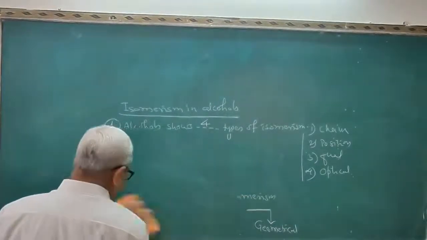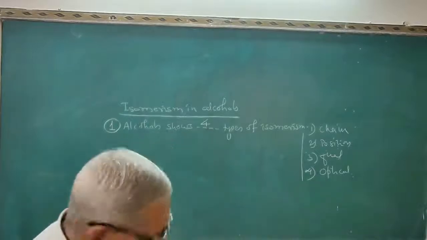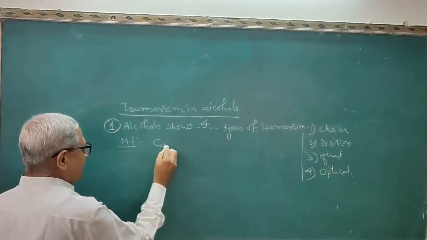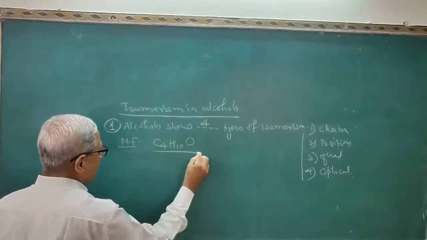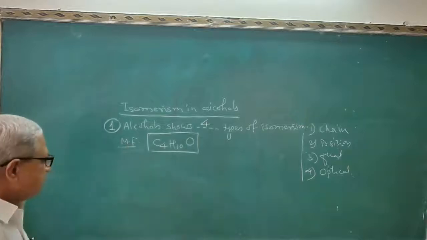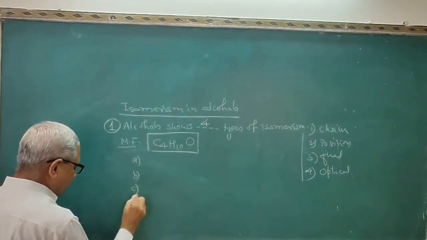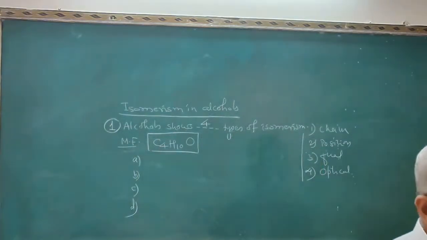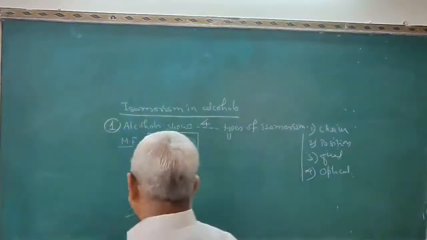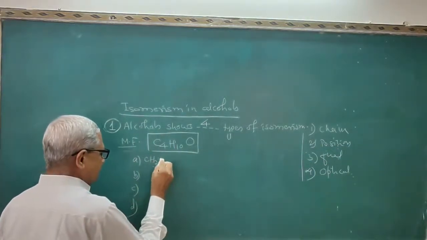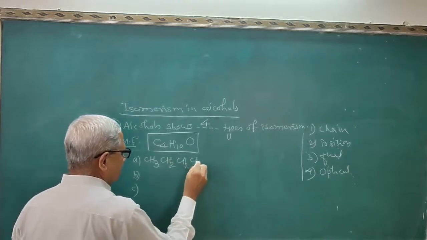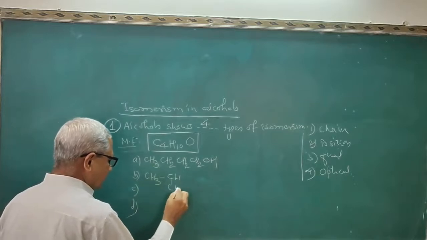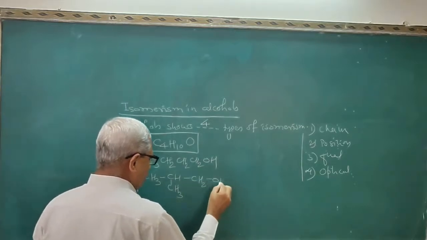Now let's take the example of the alcohol having the molecular formula C4H10O. The C4H10O can be written in 4 different ways, and so I will write here A, B, C and D, and set different NEET, JEE as well as CET questions. A: CH3, CH2, CH2, CH2OH. Second, B: CH3, CH, CH3, CH2OH.